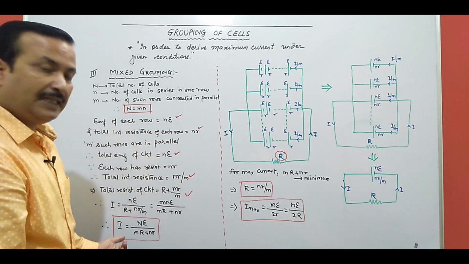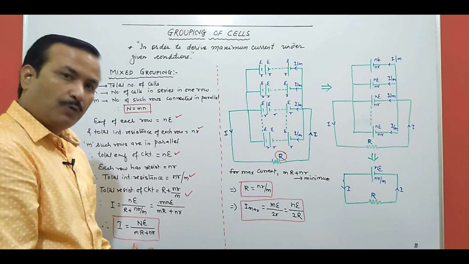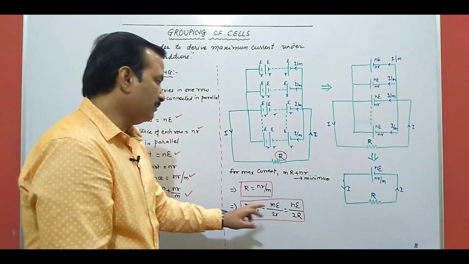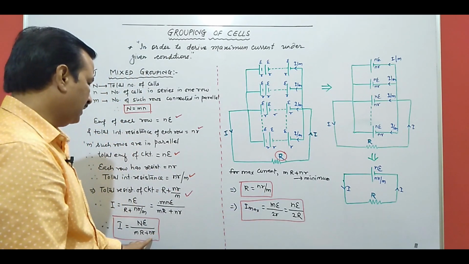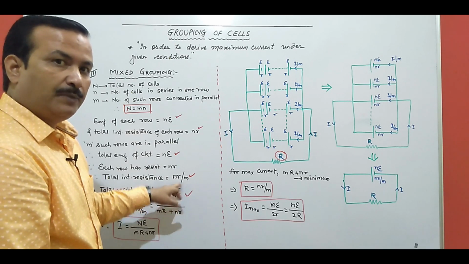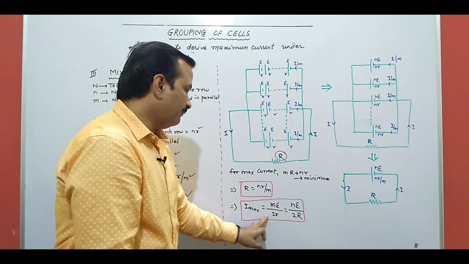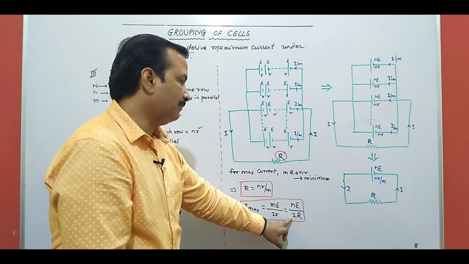Now we need to find the maximum current. For maximum current, how should this denominator be? It should be smaller, right? mR plus nr should be minimum. So R will be equal to how much? nr upon m. This one. Internal resistance only, because R will be neglected then. So I max will be, from here you will find mE upon 2r, which is equal to nE upon 2R.